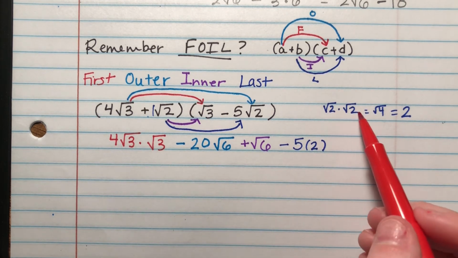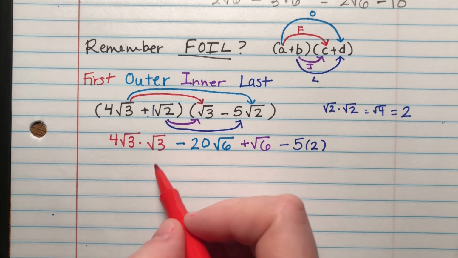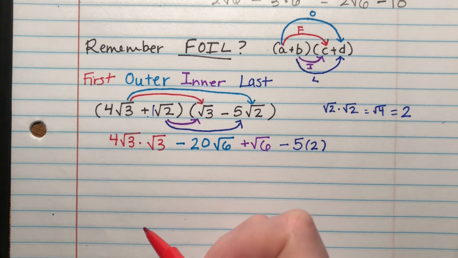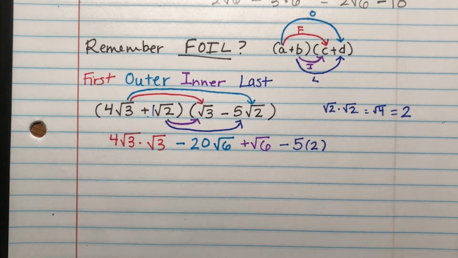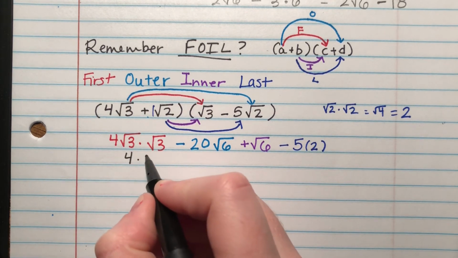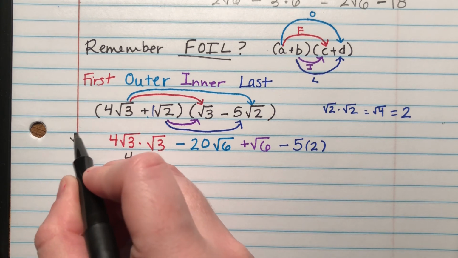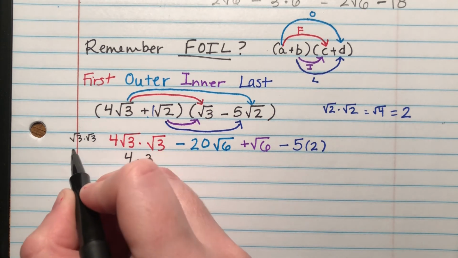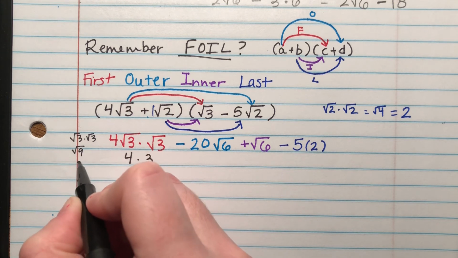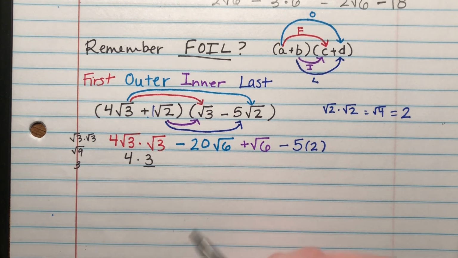It's the same thing that happened here. Square root of 3 times square root of 3 is going to give me square root of 9, which simplifies to 3. I'll write it on the side here: square root of 3 times square root of 3 equals square root of 9, and that's just 3. So that's where this 3 came from.